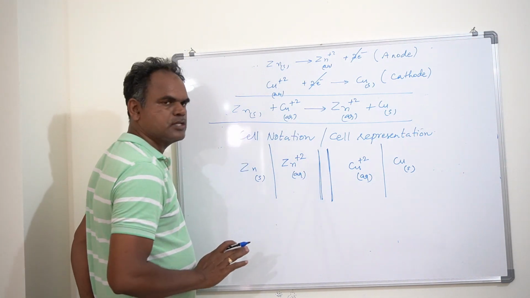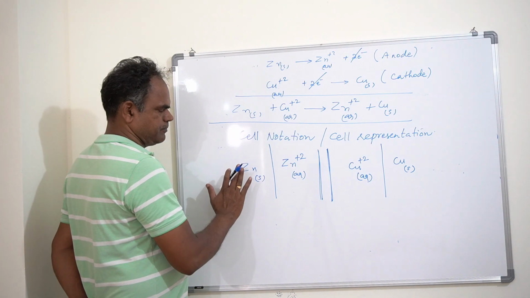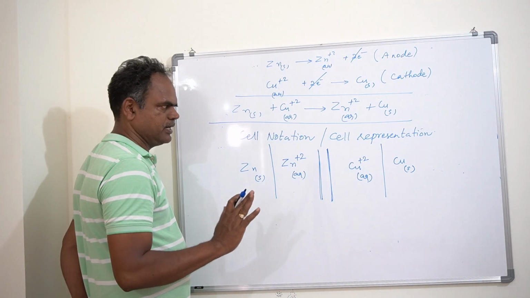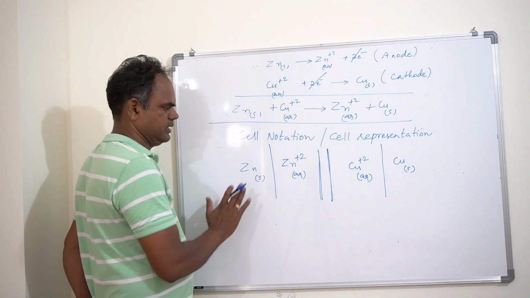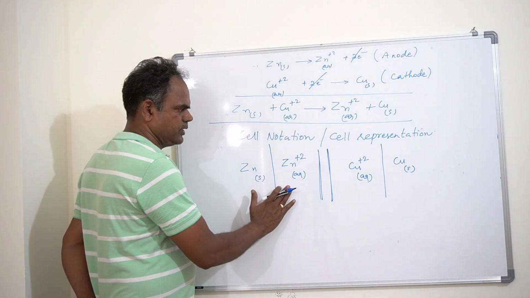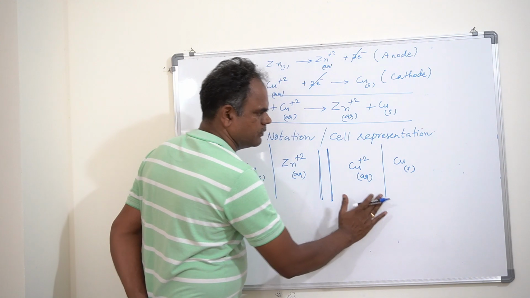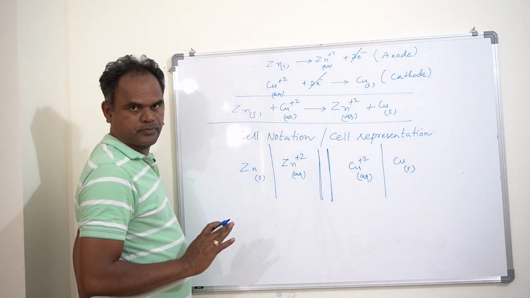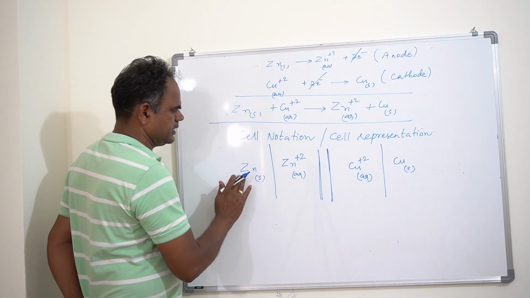So this indicates the salt bridge. And always in a typical galvanic cell, the LHS will be the anode and the RHS will be the cathode.